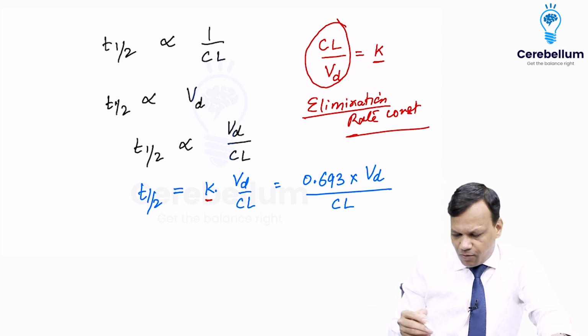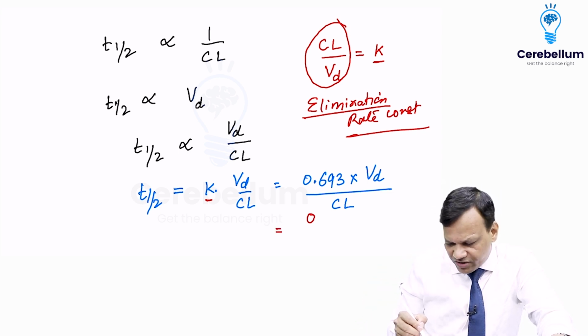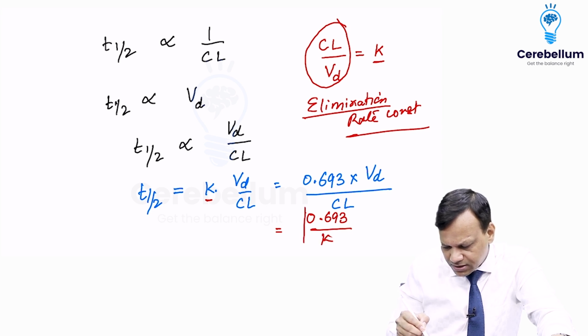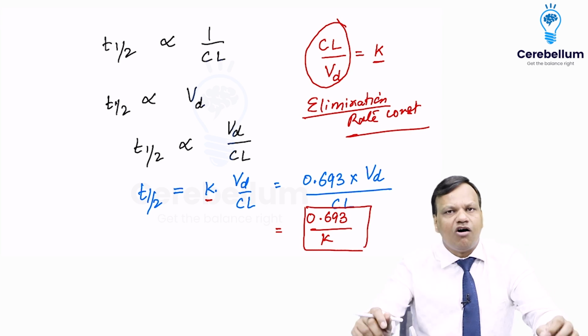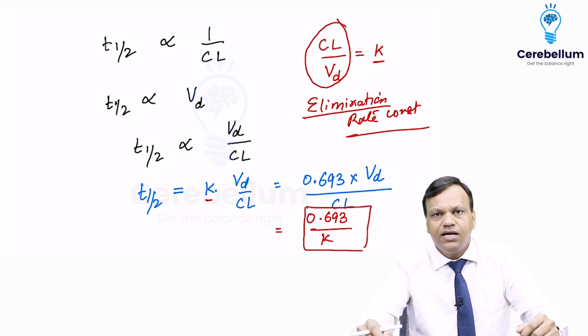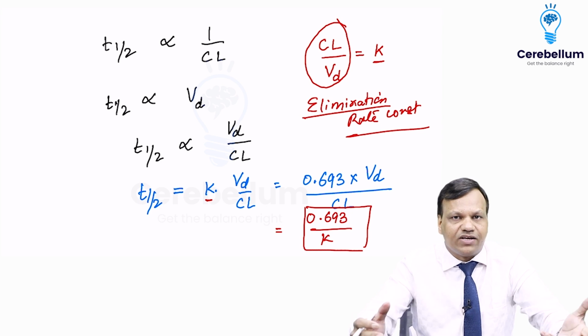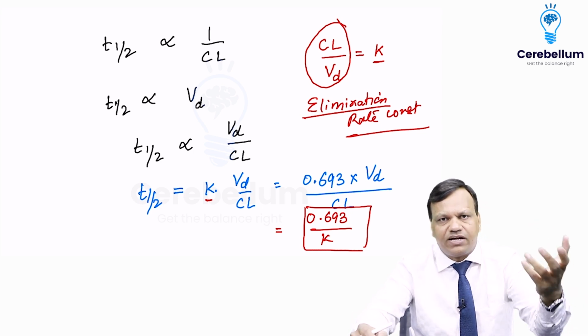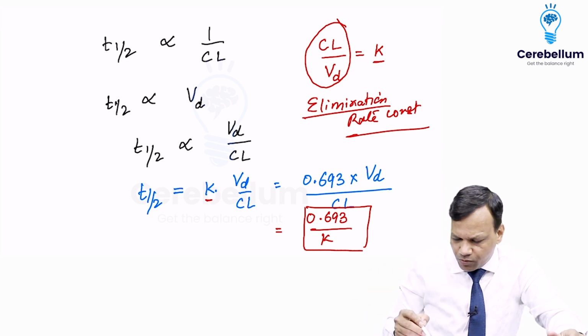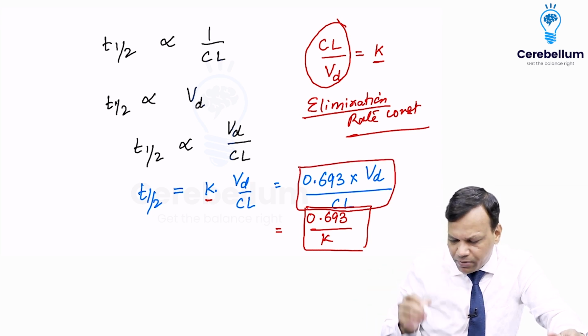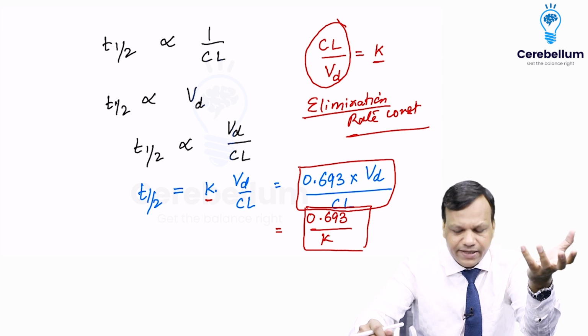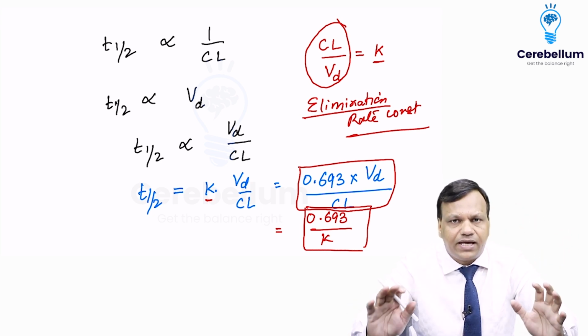So if we put this formula here, the formula of half-life will become 0.693 by k. It's even very easy. Sometimes they give the value of the elimination rate constant and ask you to calculate the half-life. So simply 0.693 divided by k. Okay. So two formulas of half-life you need to remember: 0.693 into Vd by clearance or 0.693 by k.